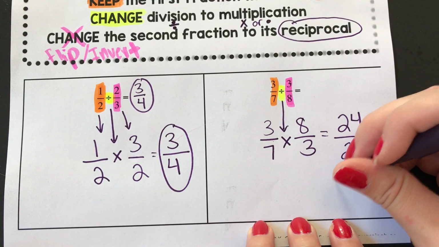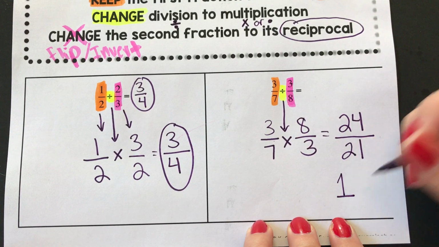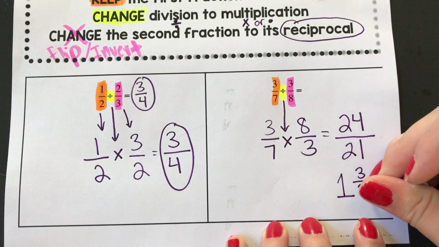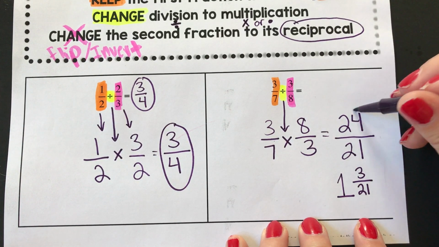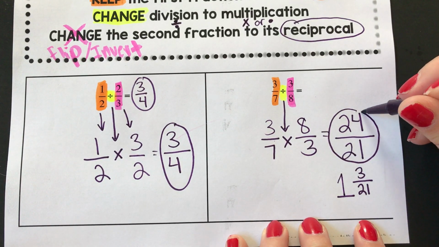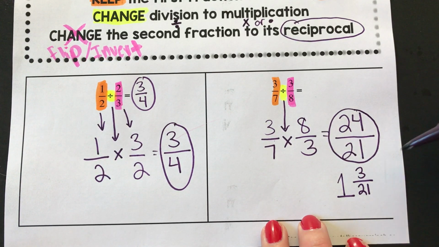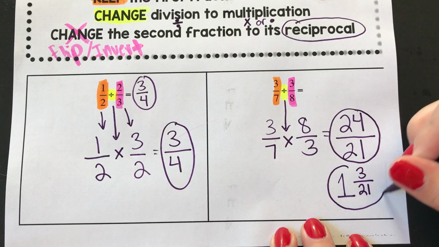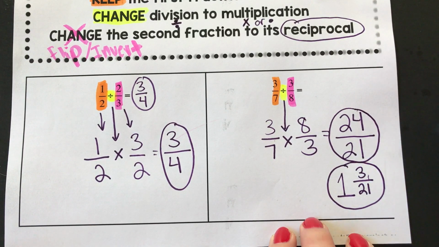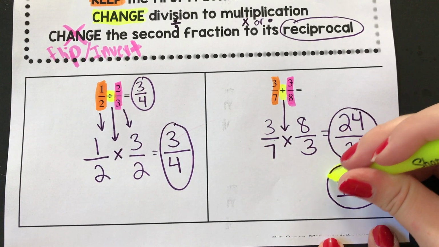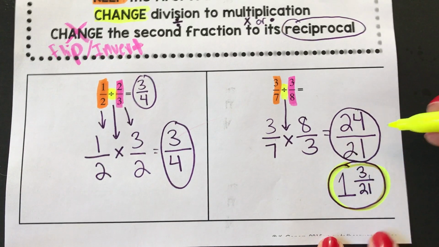It would go in, I'm going to simplify downwards, 1 whole time with 3 pieces left over, and the denominator stays the same. So you could say 24/21, which is right. But the more accurate answer would be 1 and 3/21. That's very challenging to say. So I would just probably say this answer because it is the most accurate.